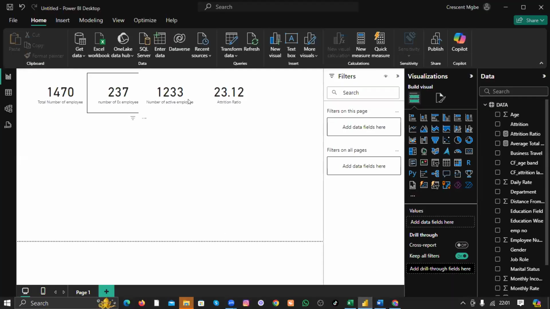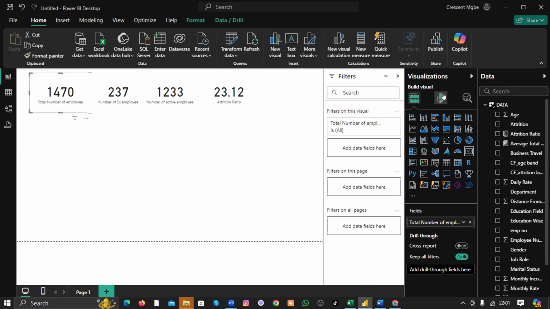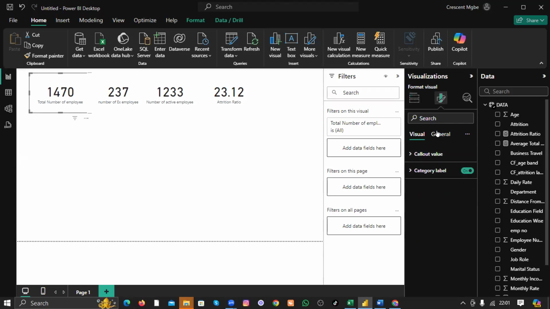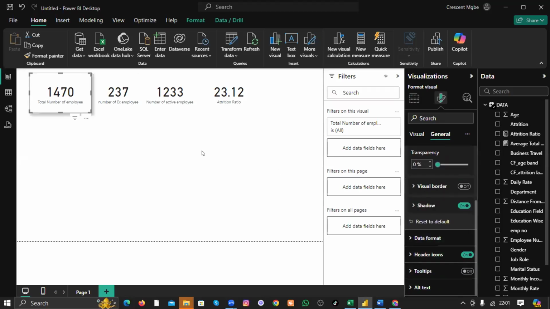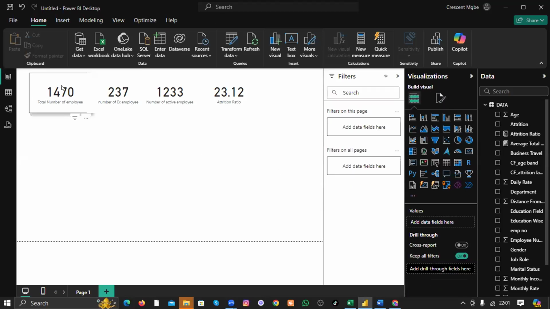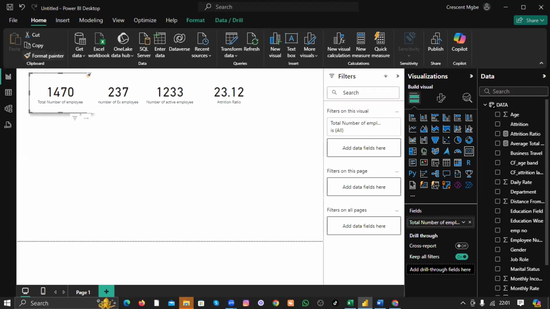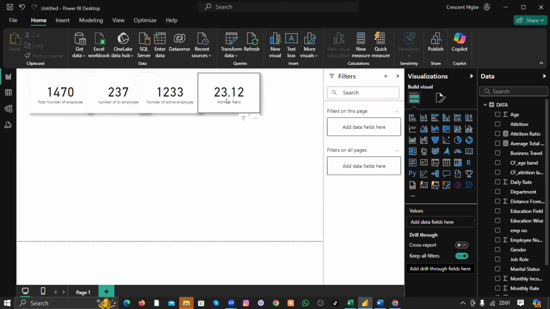These are the only ones that you're going to use your KPI card to do. Other ones are normal. Let me put shadow there. So let me copy this one and replicate it here. Copy it, replicate it here. So these are the KPIs.